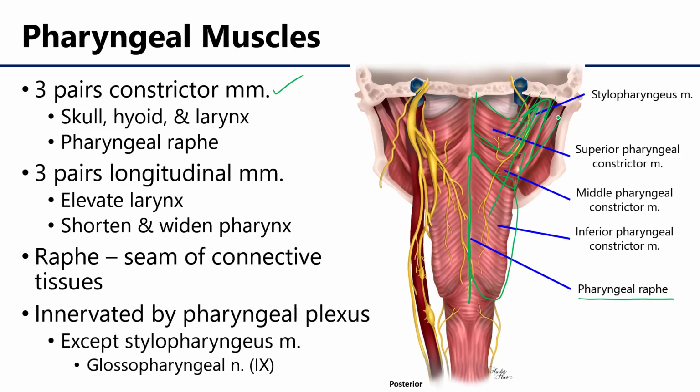Now, the innervation of this muscular wall is the pharyngeal plexus. The pharyngeal plexus, as we've discussed, has several different components to it. The majority of the pharyngeal plexus, motor, is innervated by vagus, and sensory is innervated by glossopharyngeal.